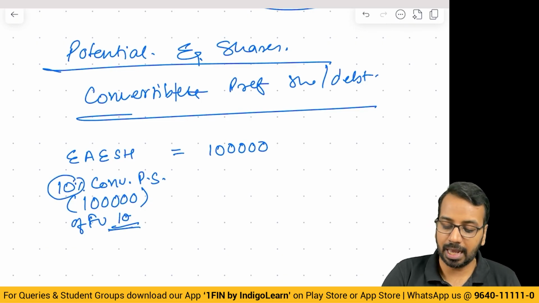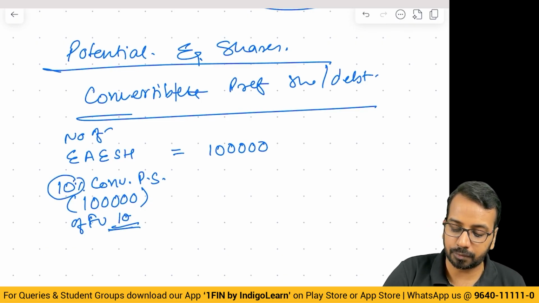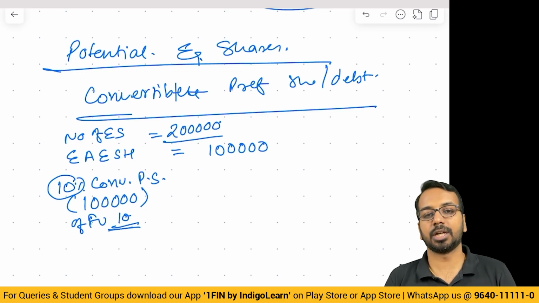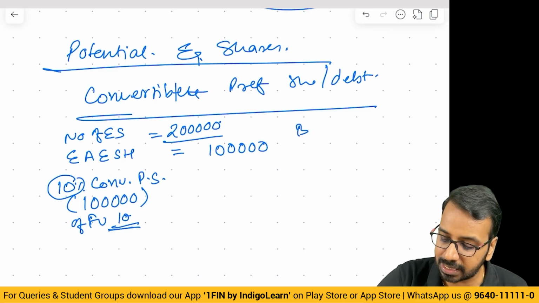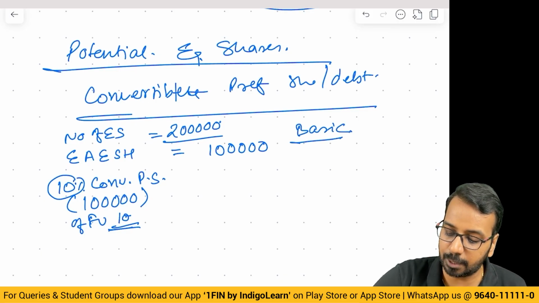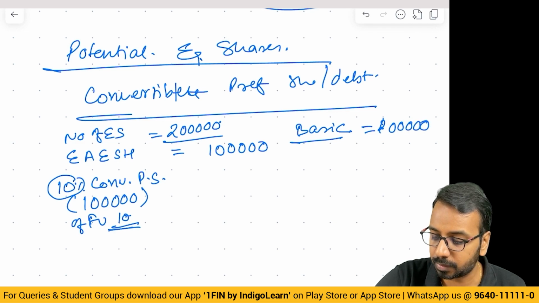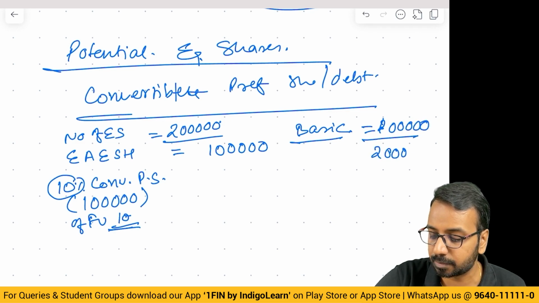Face value is 10. And let us say number of equity shares is 2 lakhs. Now, what is my basic EPS? My basic EPS is 1 lakh divided by 2 lakhs, that is 0.5.